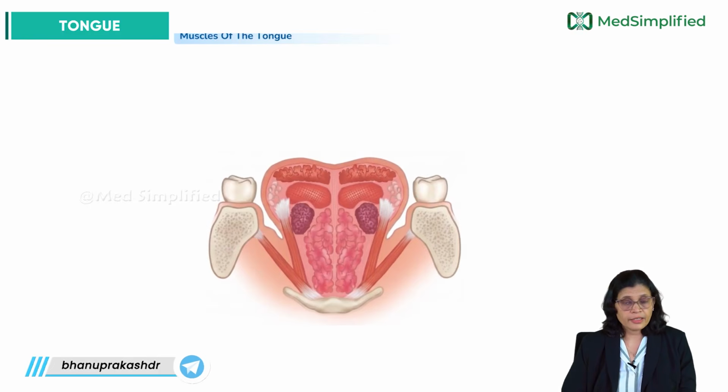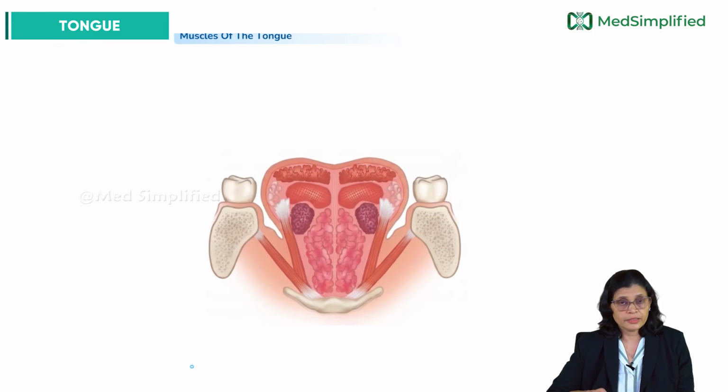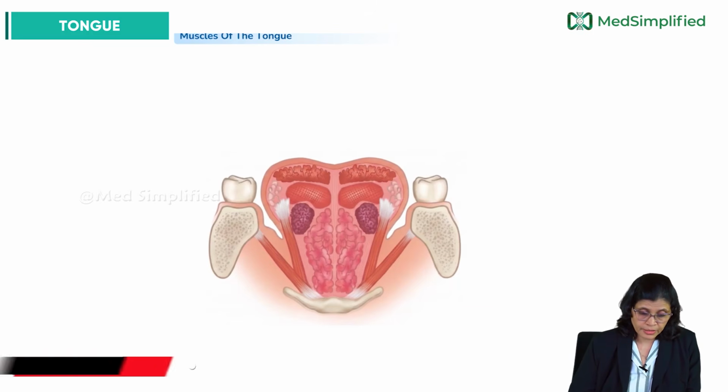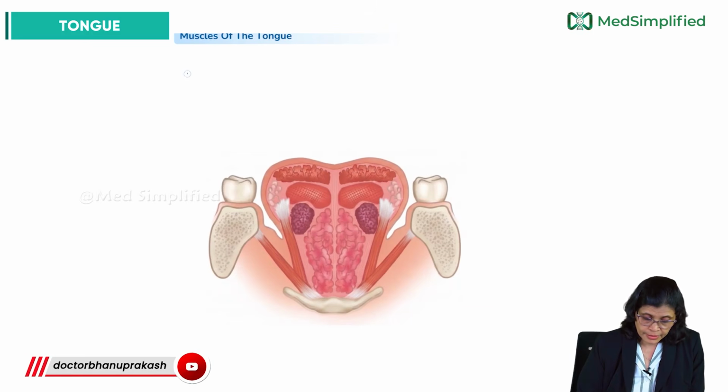So generally these tastes are felt more in these regions. Since the tongue is mainly a muscular organ covered by the mucous membrane, the muscles of the tongue form the main bulk. Here we have two types of muscles, the intrinsic and the extrinsic.